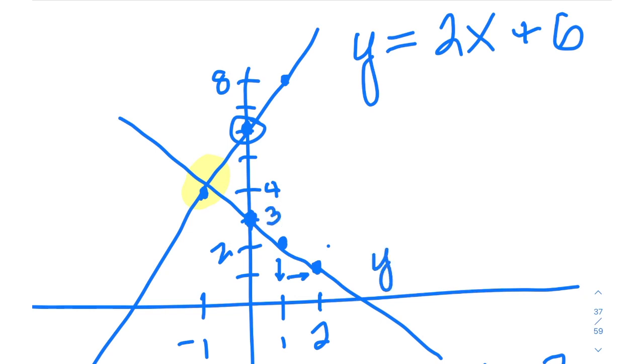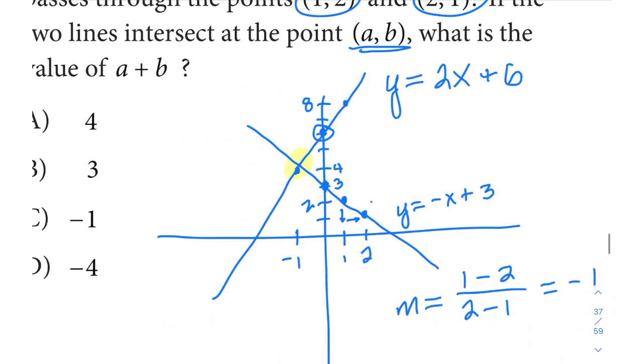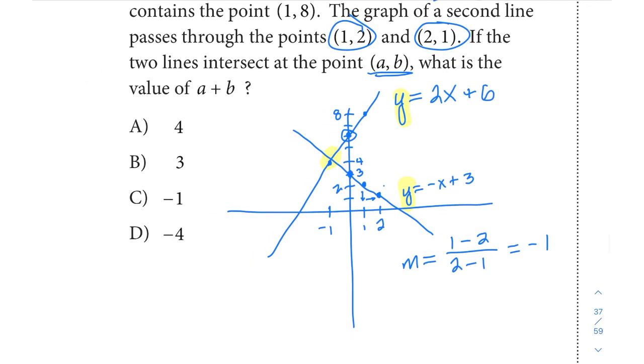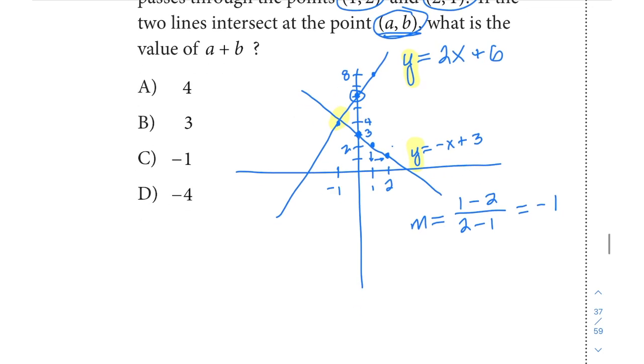So that's enough for us to use our slope and our intercept to come up with an equation for that line. And when we have these two equations, since they're both in slope-intercept form equal to y, we can set those two equations equal to each other to confirm this point. So here we would do 2x plus 6 equals -x plus 3. Add x to the left side, subtract 6 from the right side, we get 3x equals -3.